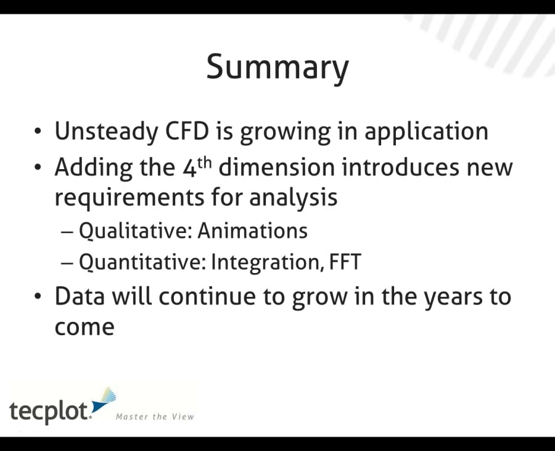Just quickly to summarize, we've talked about why people are moving to unsteady results. We've talked about some of the challenges with the fourth dimension. One of the things that we want to spend time on in the subsequent sessions would be strategies for animation, integration, and FFTs. So that'll be something we'll be talking about in our next session. The other thing that we're just hinting at is that data is going to grow. As someone already pointed out, we're looking at 100 million cells and 1,000 time steps today.